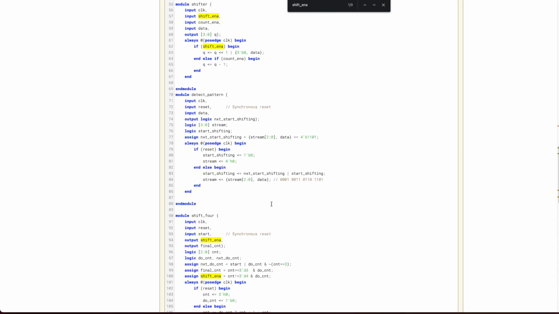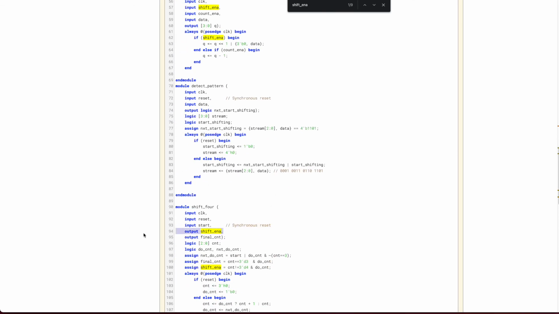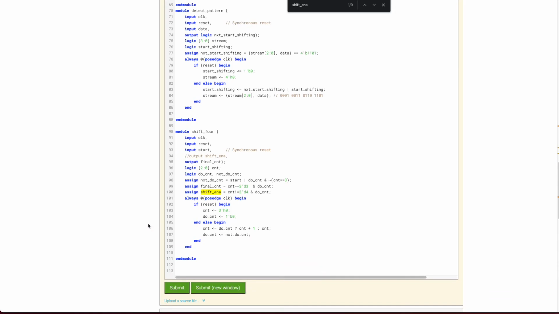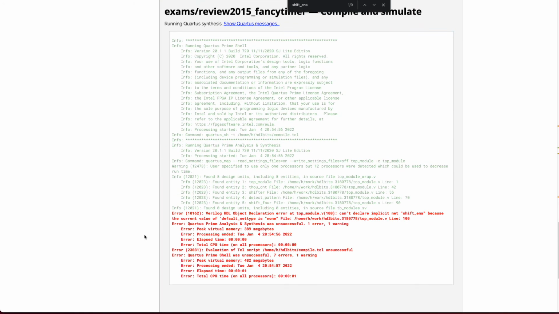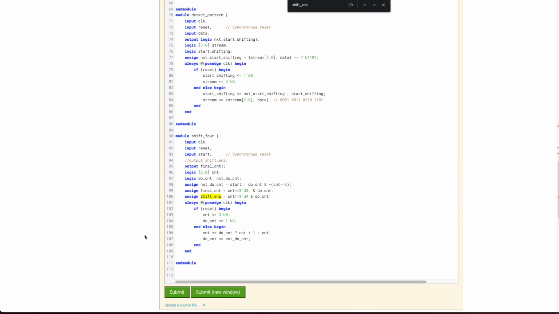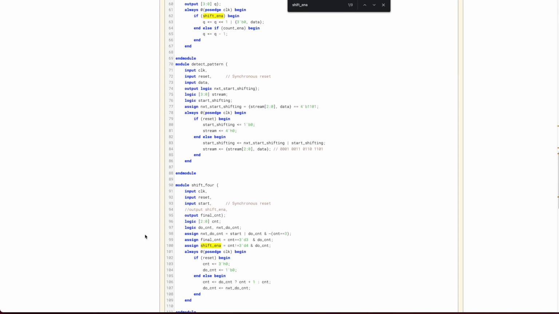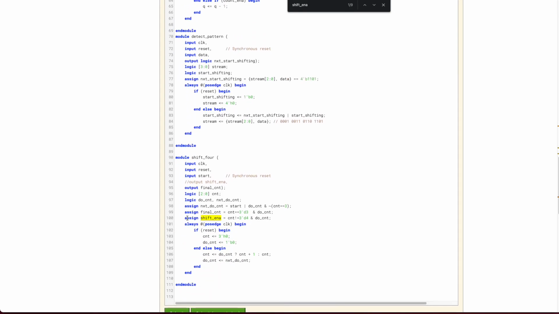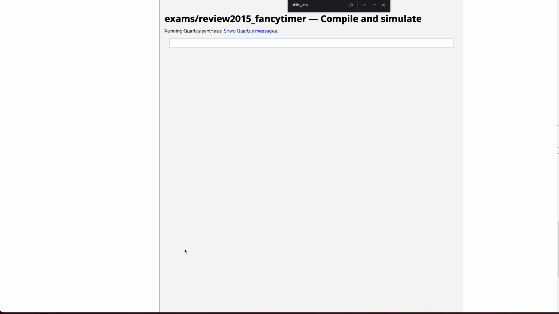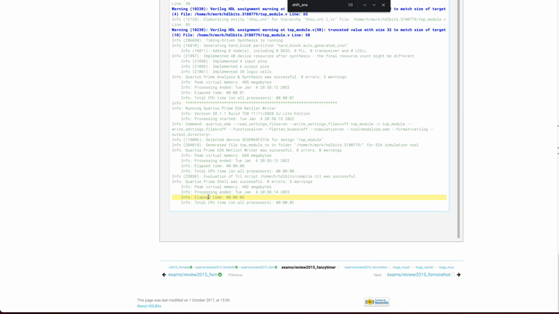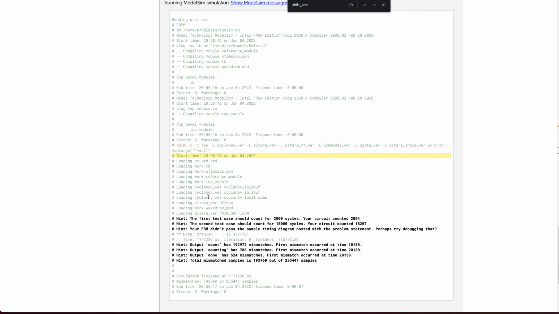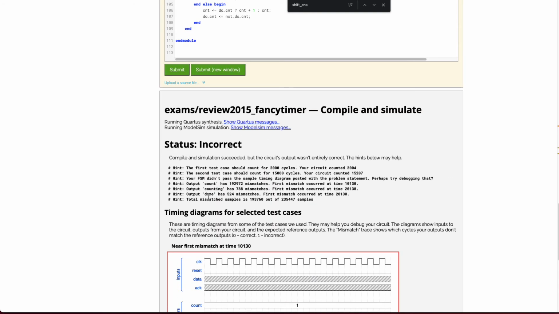I'll just use the final count for that anyway, as opposed to shift enable. So I can just comment this out because the final count works anyway because of the previous problem. Why is this happening again? 100. 2004 cycles.